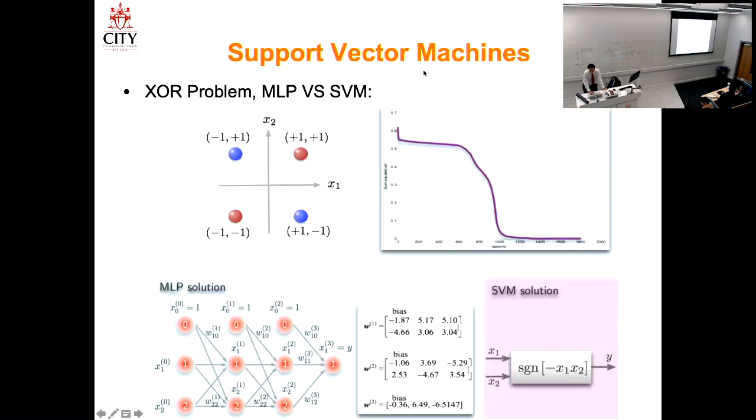The interesting thing is if you want to solve this XOR problem with a neural network, it may take about 1,000 iterations until it converges and finds the proper values that you need, all of the weights. It's only a very small network. But with a support vector machine, it's just an equation. It's just a kernel, sign of minus x1 times x2.